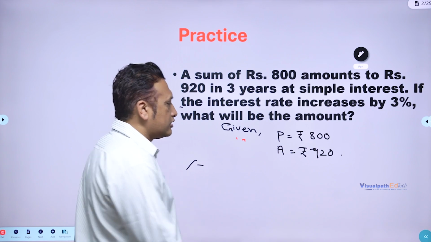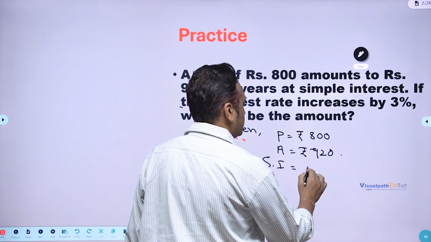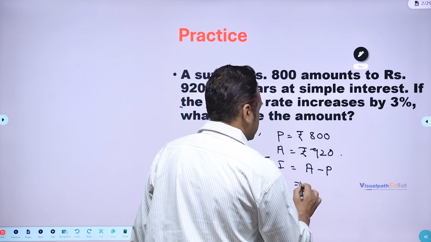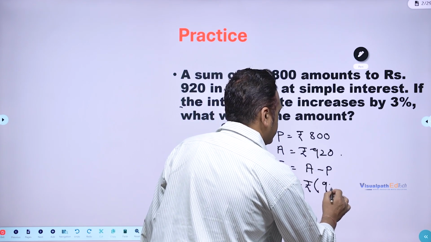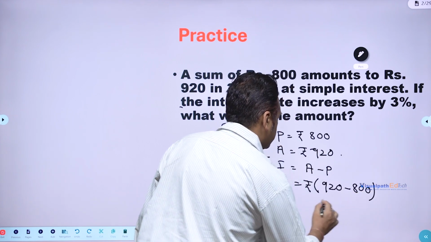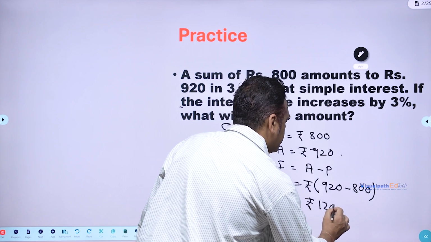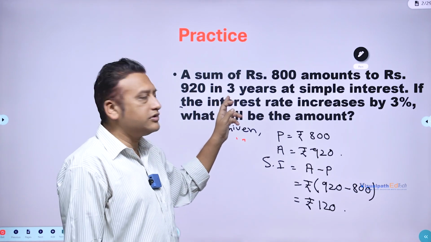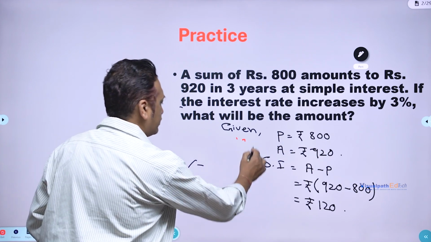So we know that simple interest is equal to A minus P, which is equal to rupees 920 minus 800. So that way we will be getting simple interest as 120 rupees. Also we are given time is 3 years. Rate we don't know, so we will be calculating that rate.